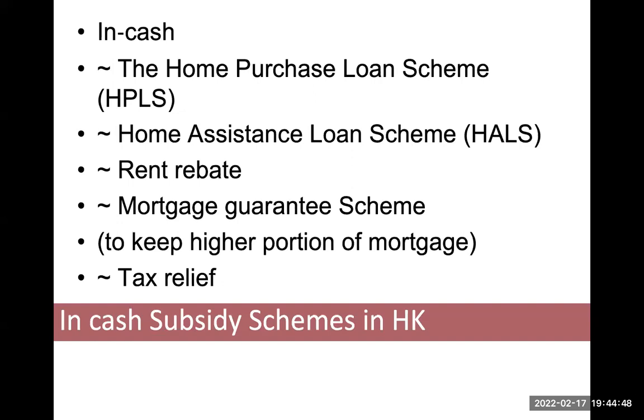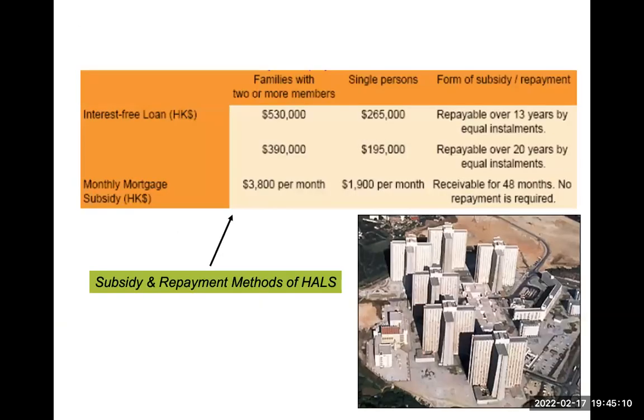So there are lots of in-cash subsidy schemes in Hong Kong: the home purchase loan scheme, the home assistance loan scheme, rent rebate, and the mortgage guarantee scheme to keep a higher portion of mortgages, and tax relief. And we can see quite a lot of subsidy or repayment methods for housing.